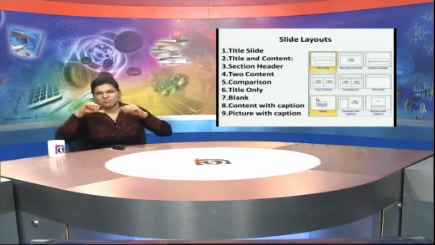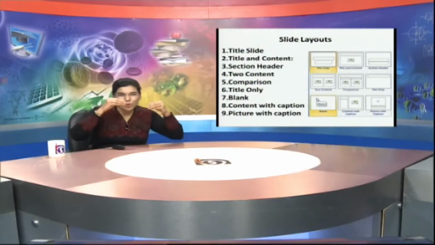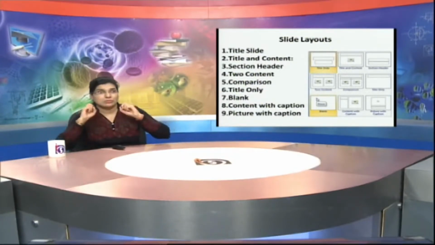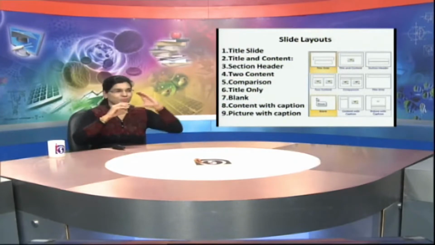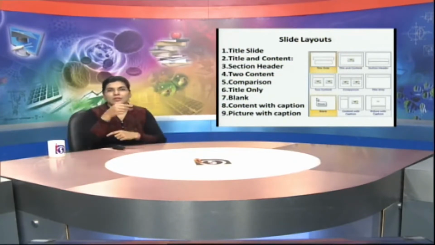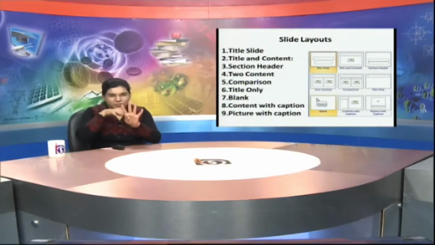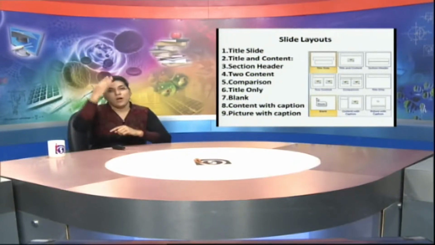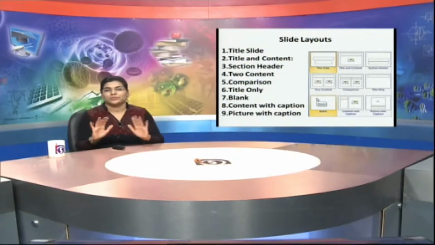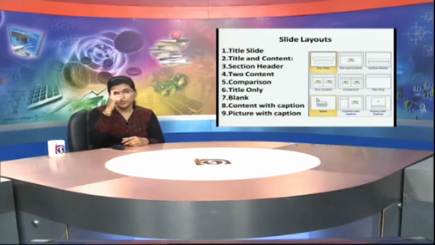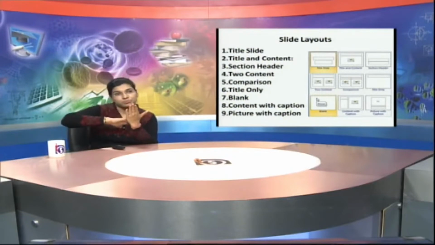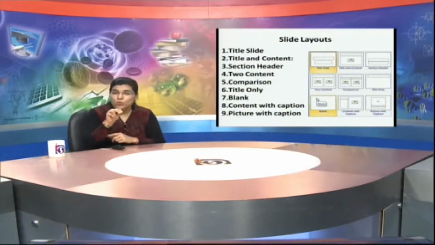Maybe you can compare 2002 data to 2020 data. Or you can show the differentiation of price or anything you find suitable. Sixth is title only, where there is only title and nothing else. Seventh is blank, where there is nothing.